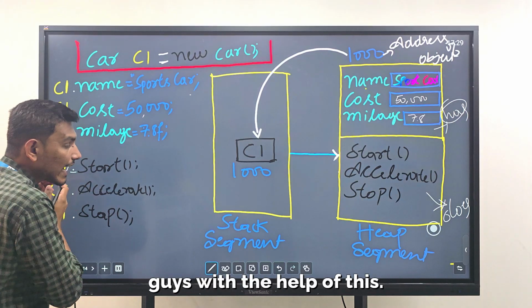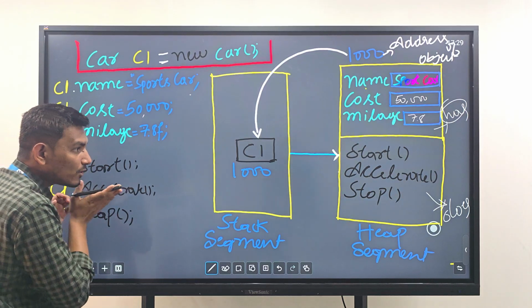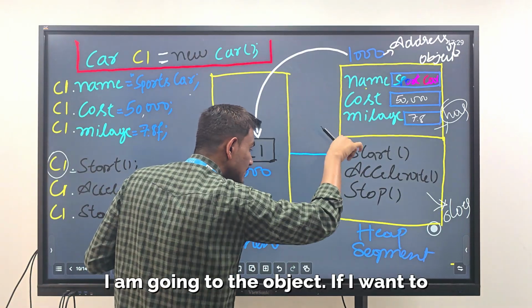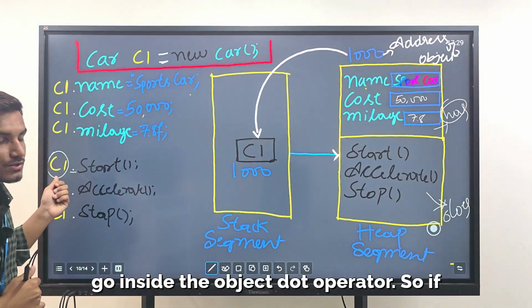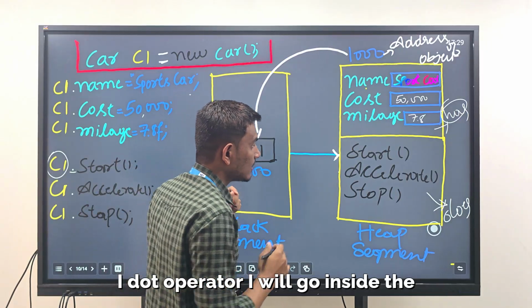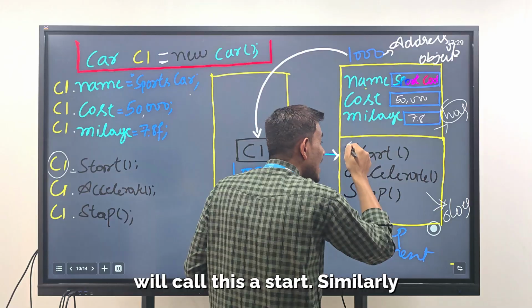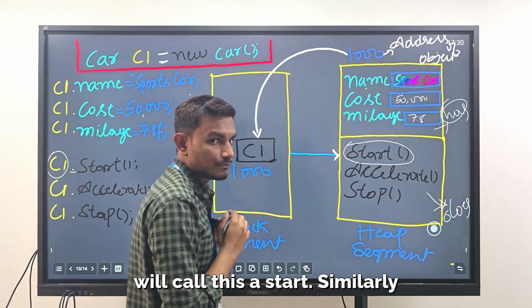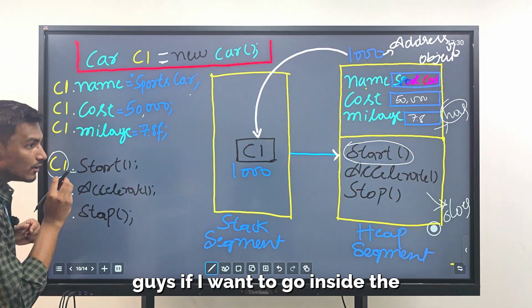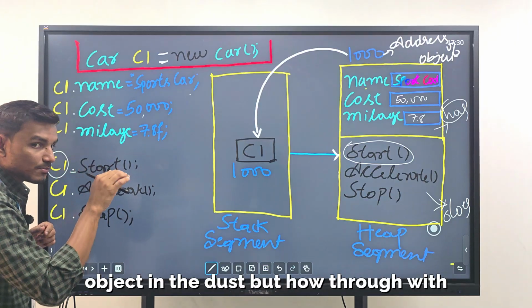With the help of this, I am going to the object. If I want to go inside the object, dot operator. So if I use dot operator, I will go inside the object within the does part, guys, then I will call this start method.